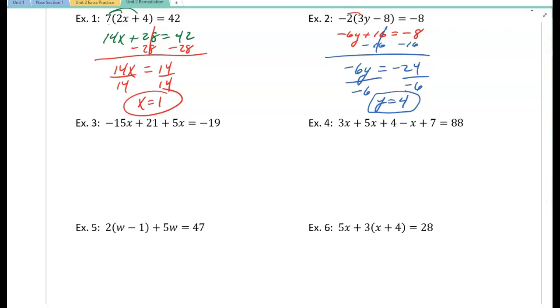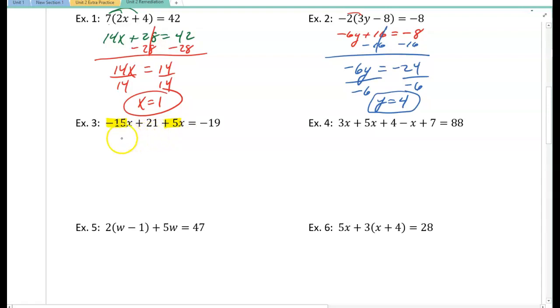Now, example 3. First thing I'm going to do is look. I have no distributing that's necessary, but when I look at the left side of the equal sign, I see that these are like terms that can be combined. So I'm going to go ahead and combine them.